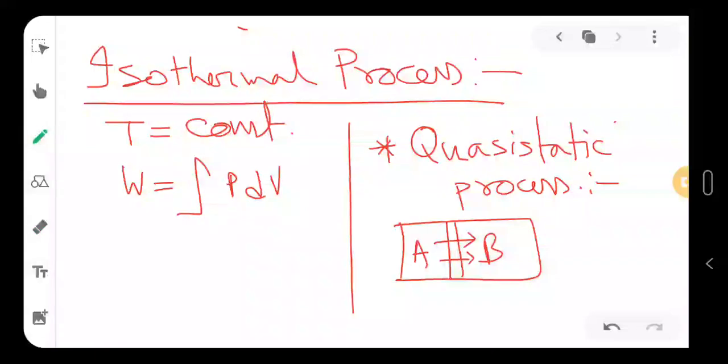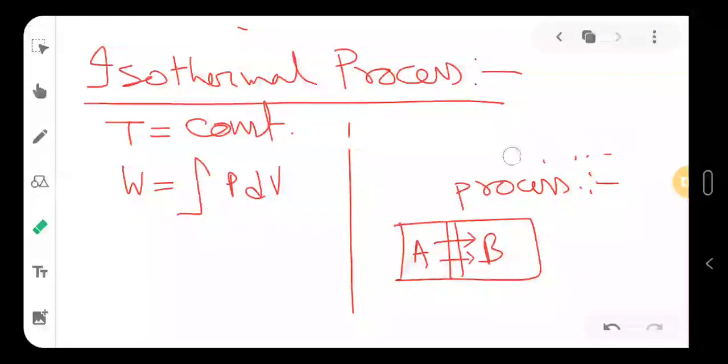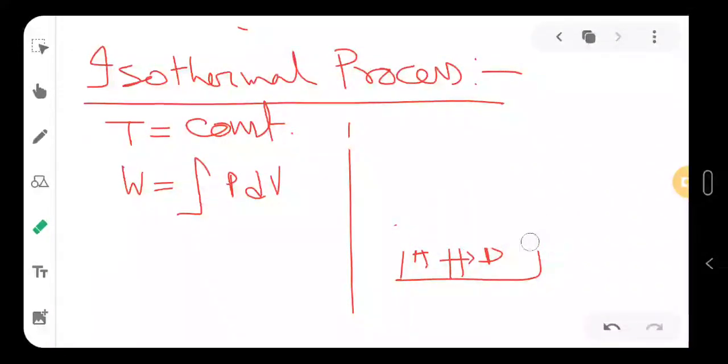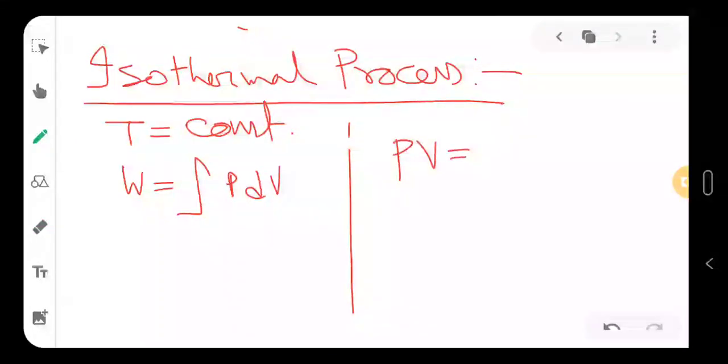Now see, isothermal processes always follow the gas equation. We have seen in previous classes that the gas equation is given by PV = RT. RT is a constant, so I can say PV is equal to a constant.